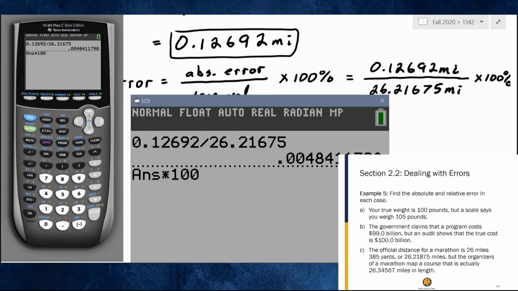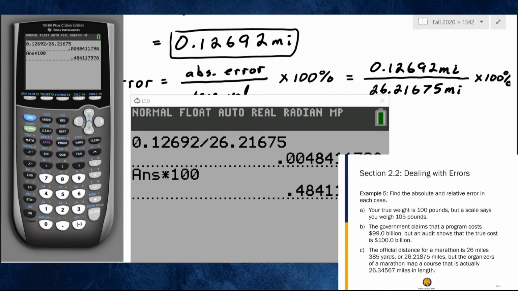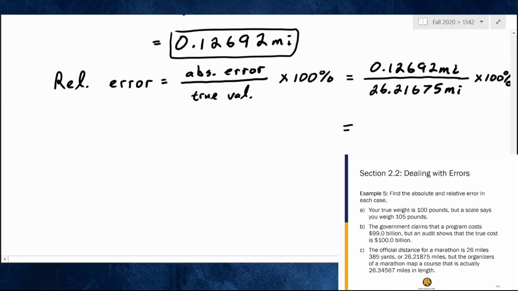When I times that by 100, we come out with 0.4841, and it just keeps on going from there. So I'm just going to round this off to 0.48. Rounding that off, we get 0.48% for the relative error.